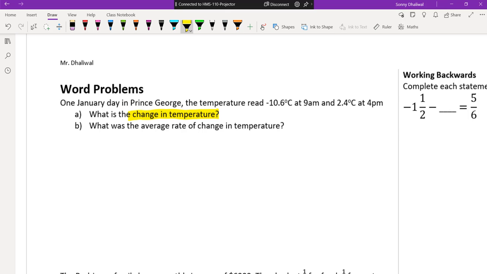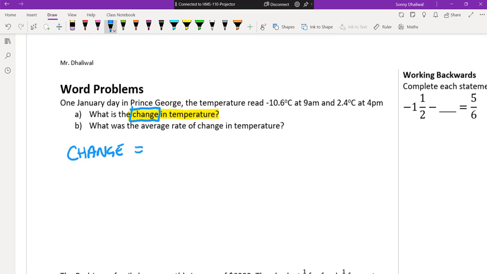Okay. The word change is used a lot in math and science. There's a set way to always calculate change, because you can find the change in temperature, change in speed, change in concentration. Lots of things you can find the change of. So one thing you're going to need to know for next year is how do you calculate change?